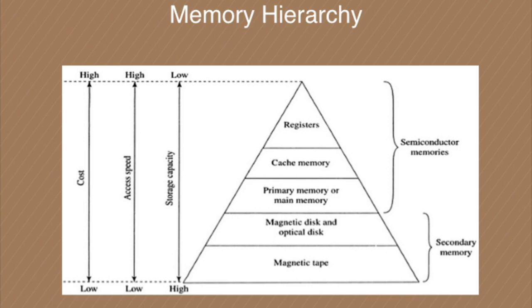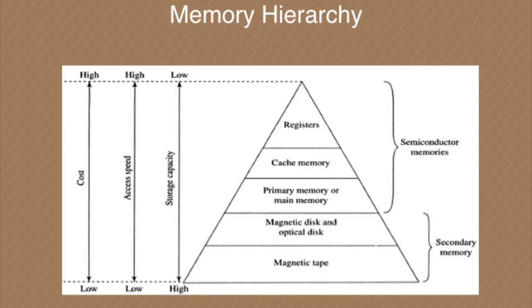The three memory parts, registers, cache memory and primary memory, are also known as semiconductor memories because these memories are built based on semiconductor technology. That's why they are called semiconductor memories. And the other ones are secondary memory. Mostly these are built based on magnetic materials.